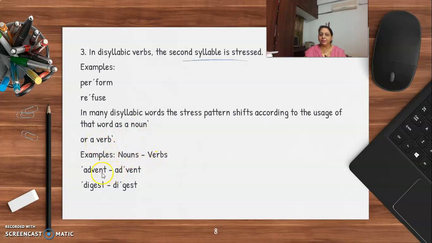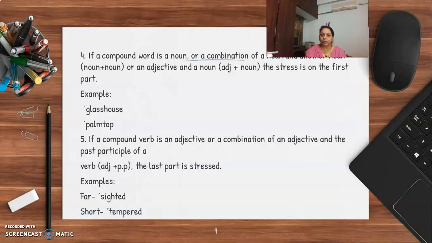So nouns and verbs: advent and advent, digest and digest. Like that we stress words to make it clear to the readers or listeners what we're talking about.